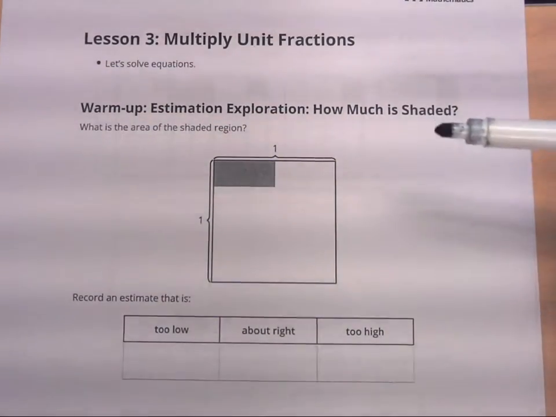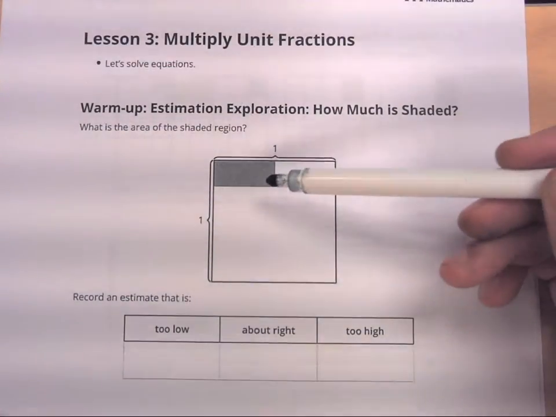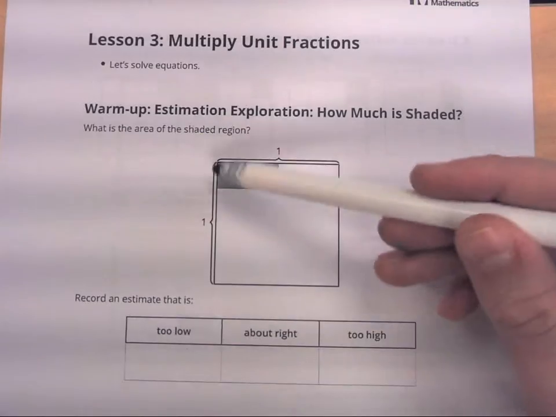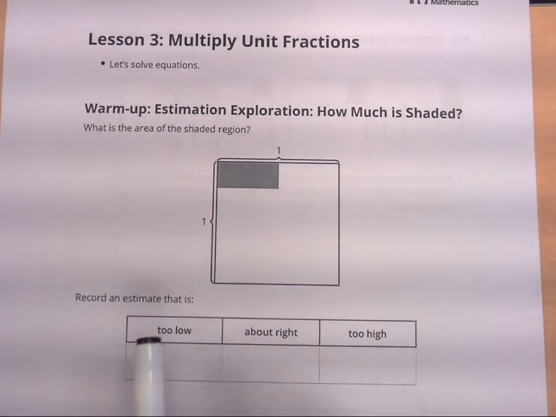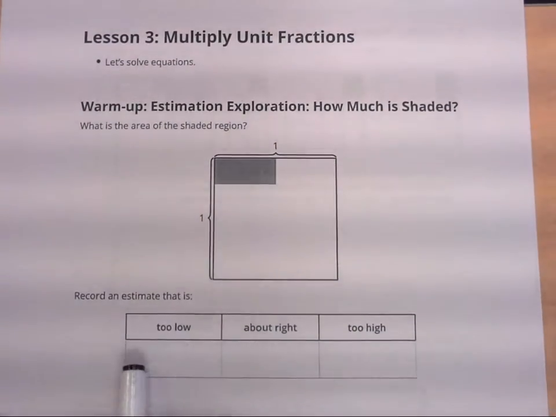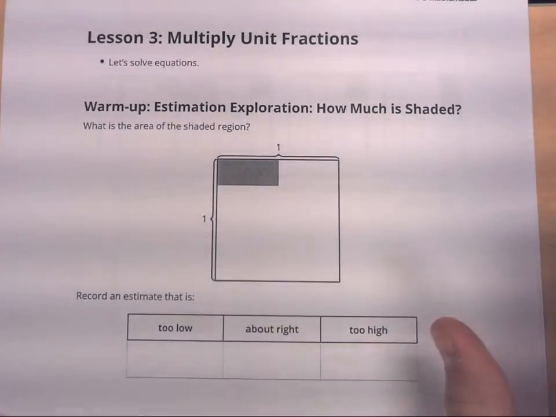And students needed to determine what is the value of this area in comparison to the whole. And they were asked to determine an estimate that was too low, about right, or too high. And some students had multiple responses for each of these, which was completely fine.